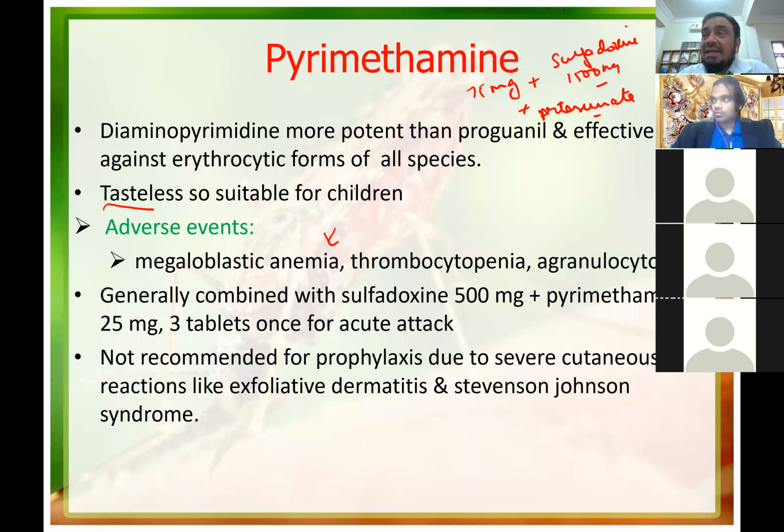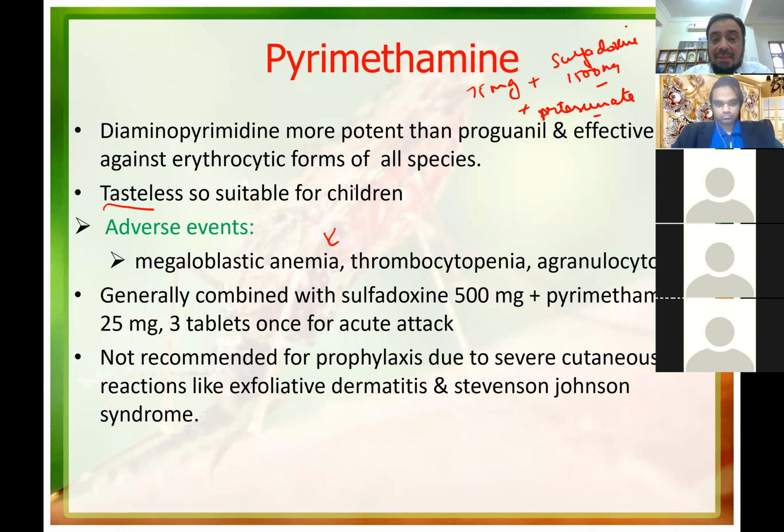When we were dealing with sulfonamides, you must have heard about the adverse effects of sulfonamide, that is Stevens-Johnson syndrome, rashes. Okay, they are also very common. So you should keep this in mind: the reactions or adverse effects that occur with sulfonamides and pyrimethamine.